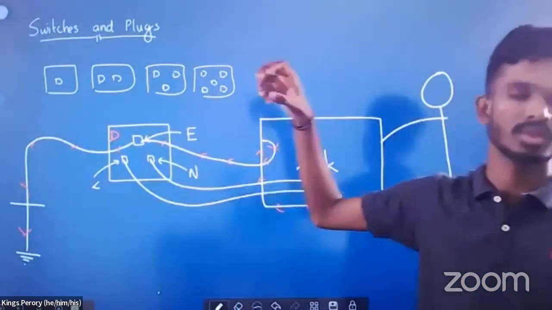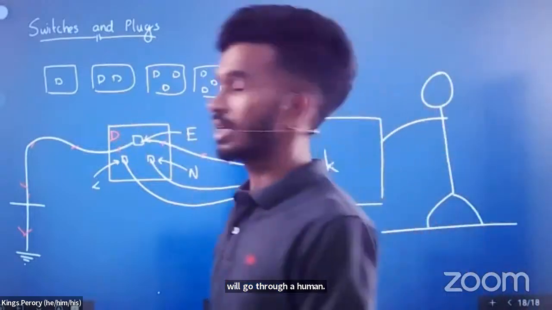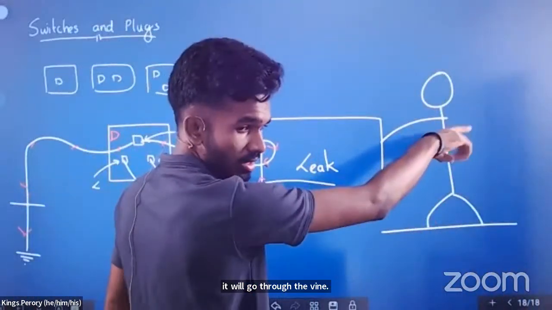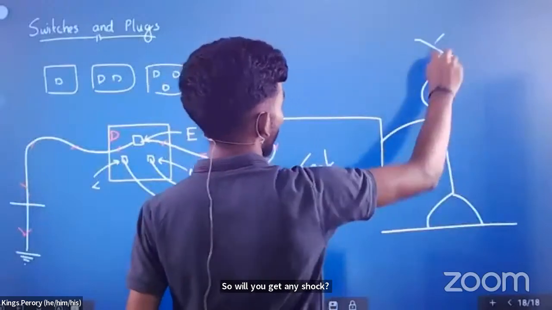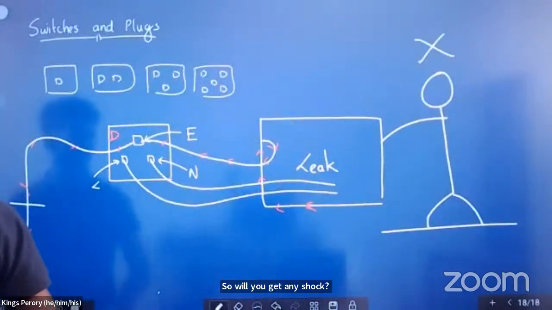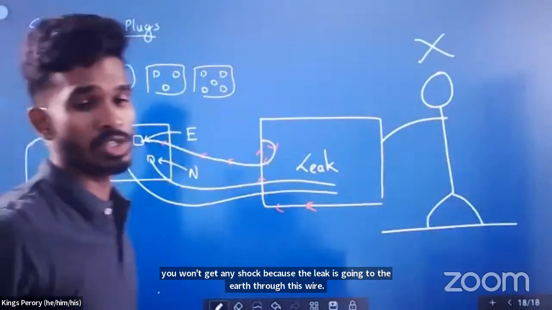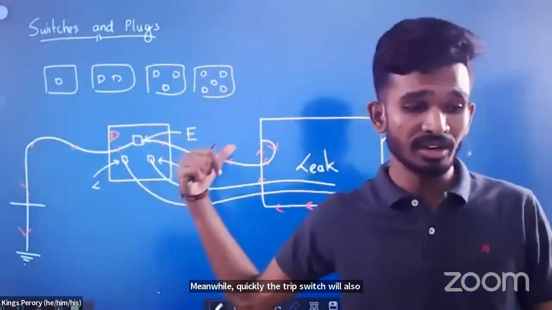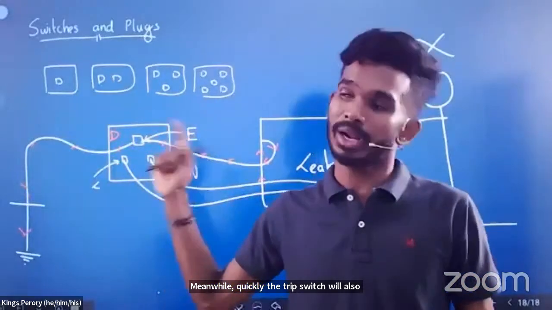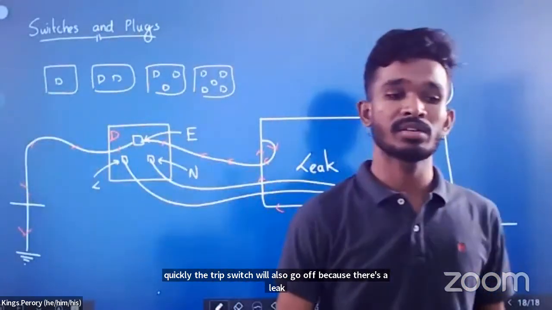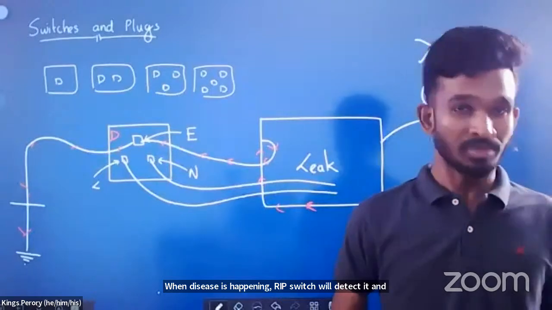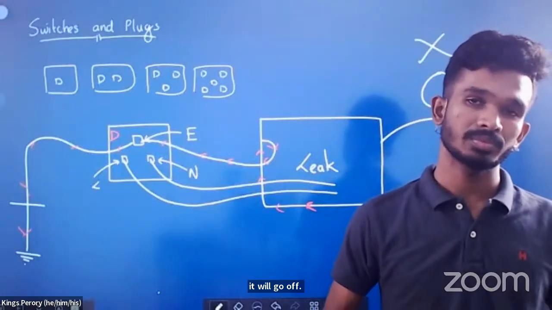It will go through the wire. So will you get any shock? No, you won't get any shock, because the leak is going to the earth through this wire. Meanwhile, the trip switch will quickly go off because there's a leak. The trip switch detects it and goes off. That is how it gives protection.